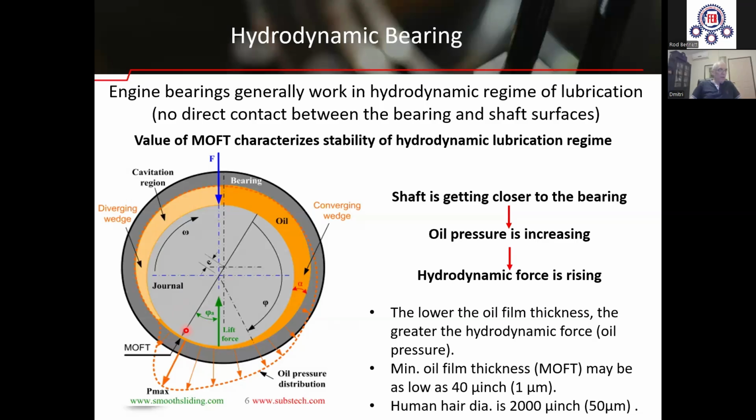In the bearings of modern engines, the value of minimum oil film thickness may be as low as 40 micro-inch or 1 micrometer. You can compare this number with the diameter of a human hair, which is 2000 micro-inch or 50 micrometers, 50 times thicker than the oil film separating the bearing from the shaft.